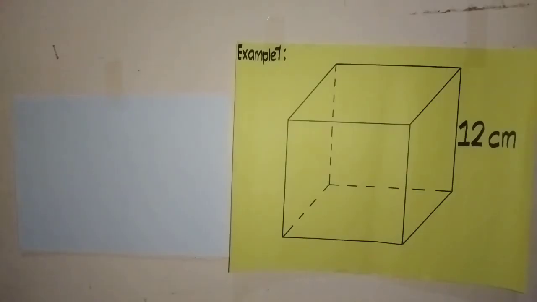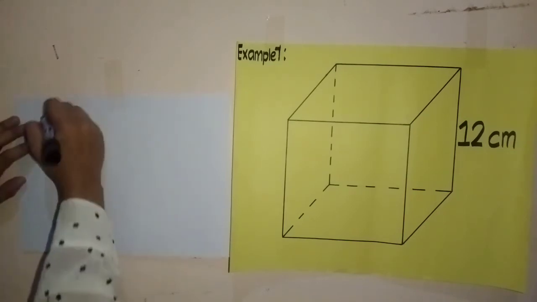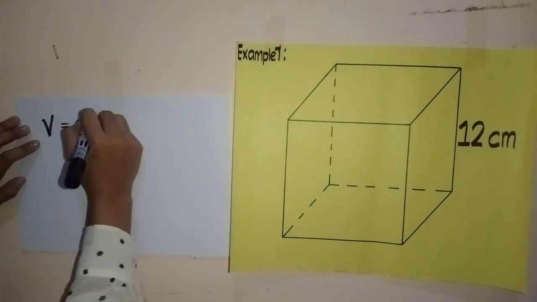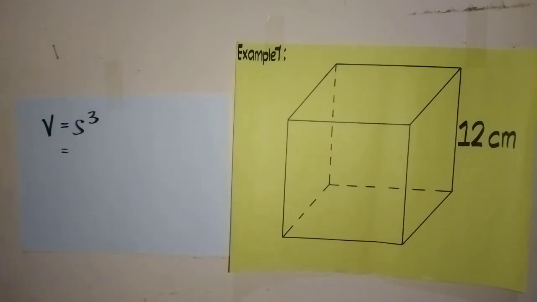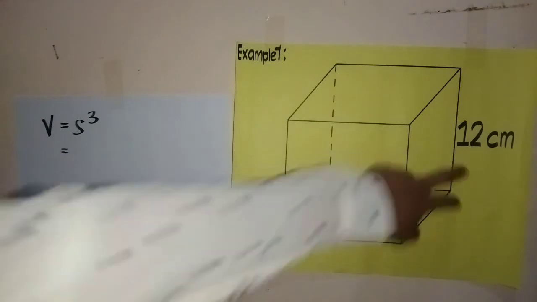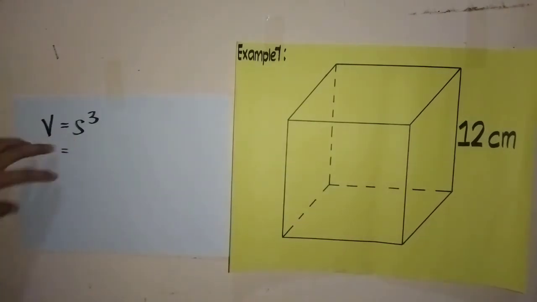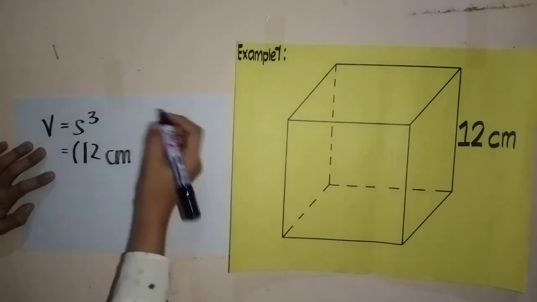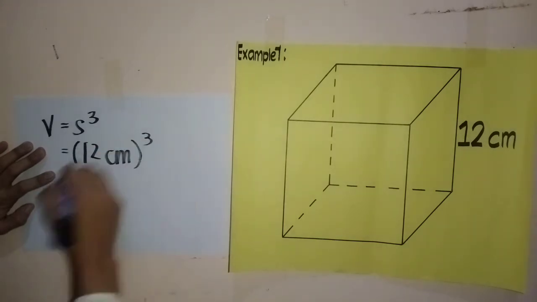Now we will get the volume of a cube. So the formula is V equals S cubed. So 12 centimeters, which is the side, 12 centimeters cubed.